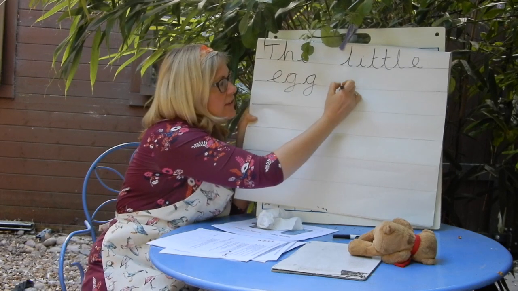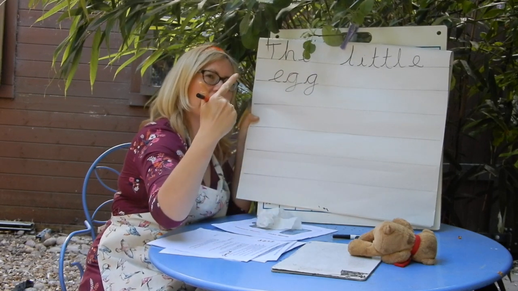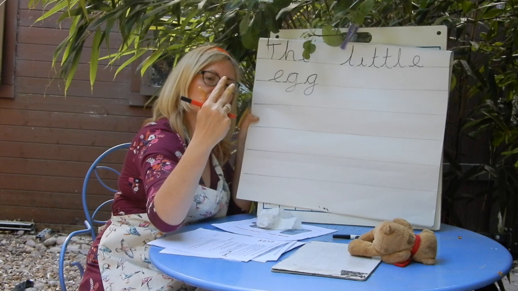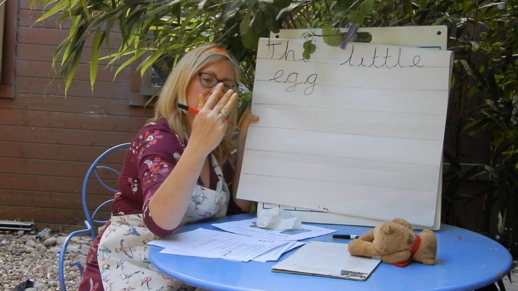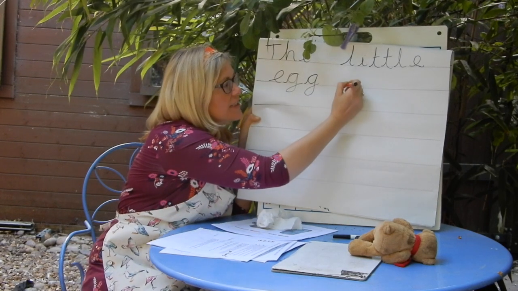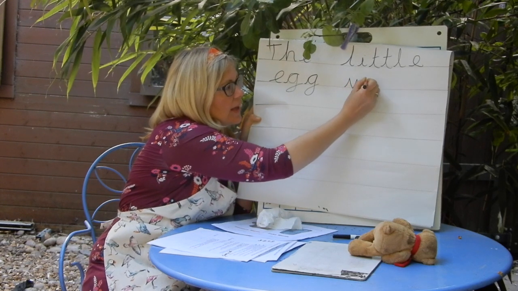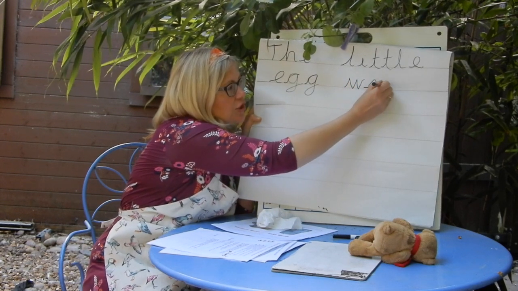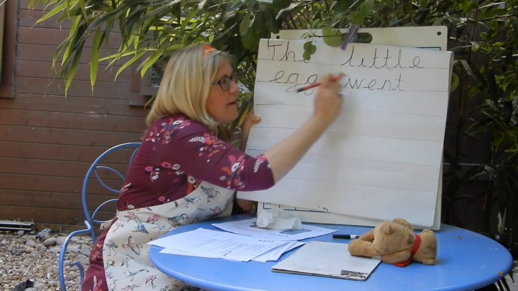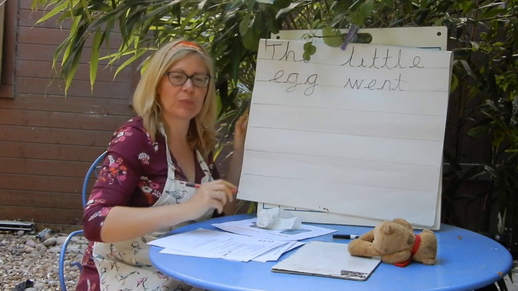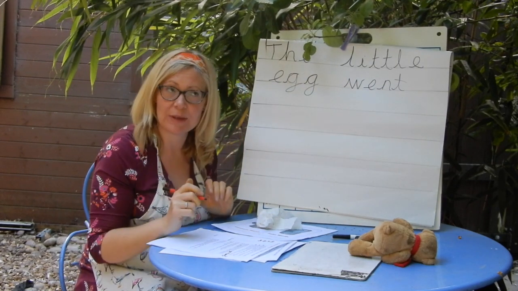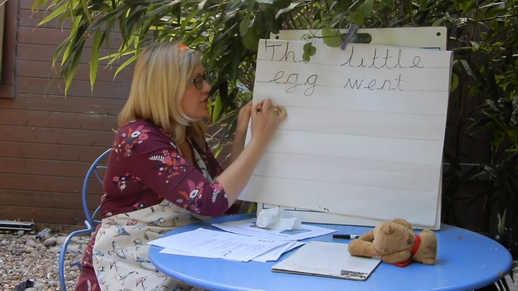Now I know how to do went, nice single sounds. W, E, N, T. With the N and T really close together at the end. Four sounds I need. W, E, N, T. The little egg went splat. Five sounds we knew we had to find in splat.